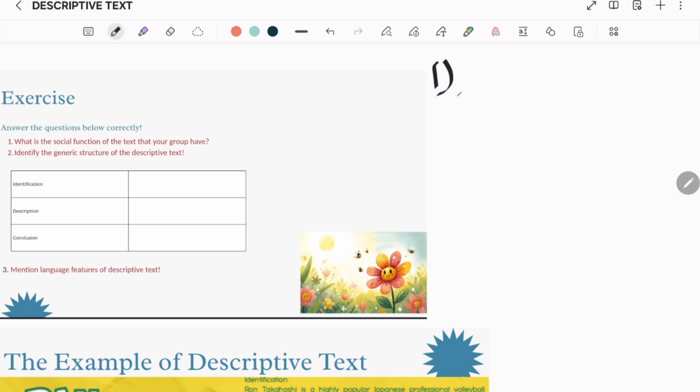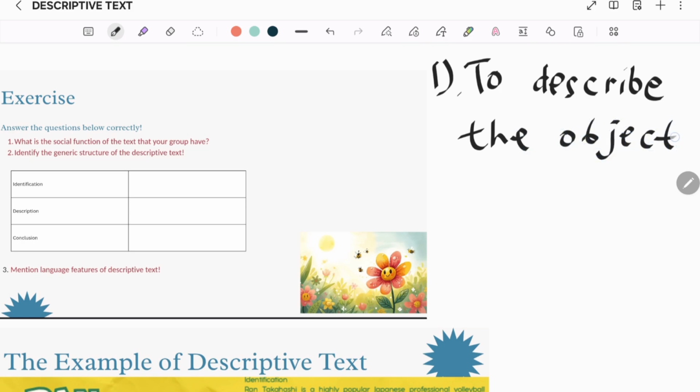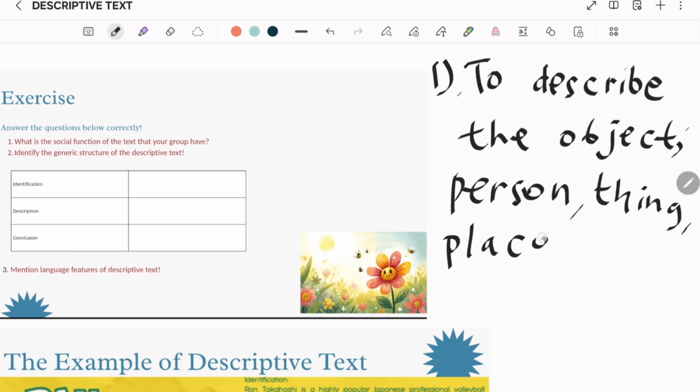As we know, the social function is to describe the object. The object itself can be a person, a thing, or a place, and so on. Okay, number one finished.